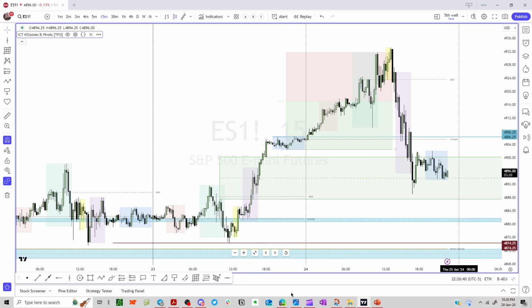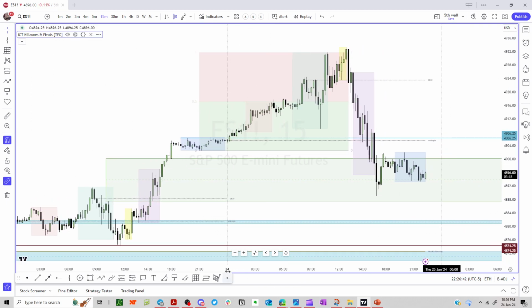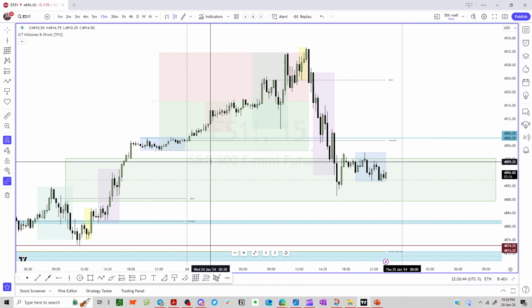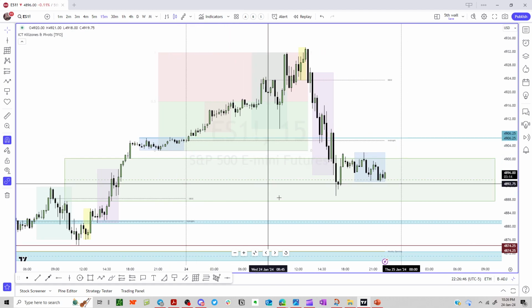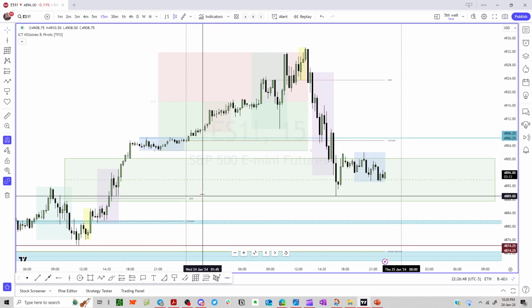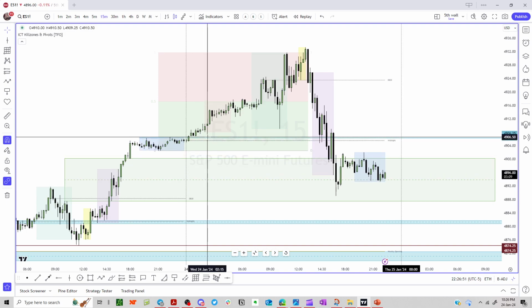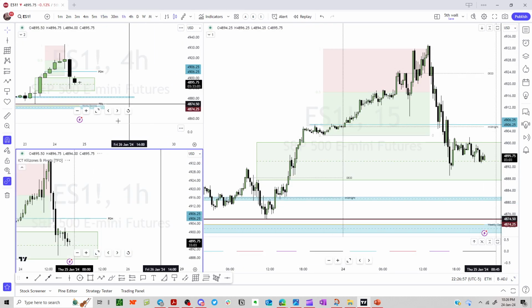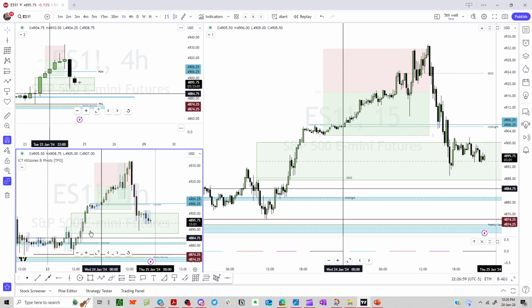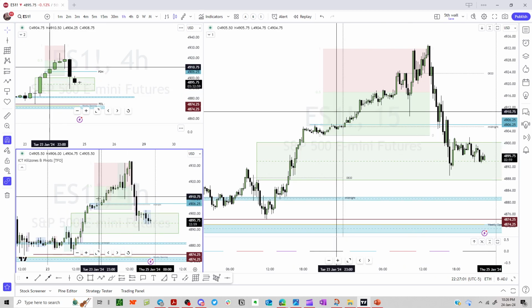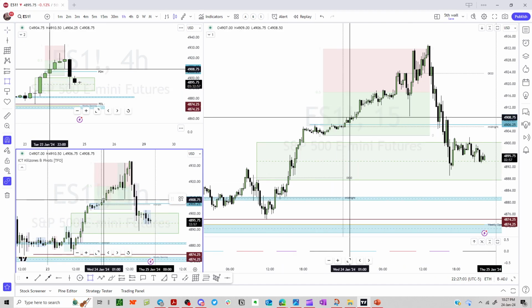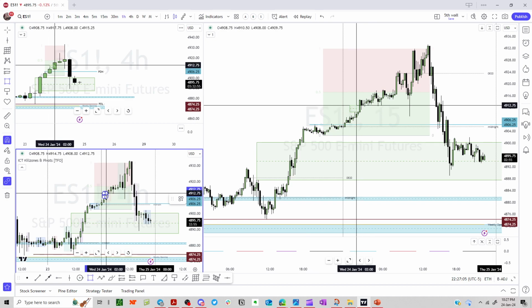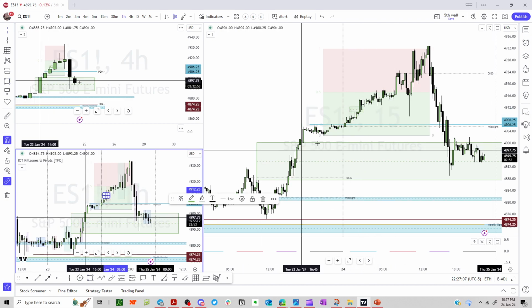All right. You can see that fair value gap here though. And it's beneath 50% of the range.